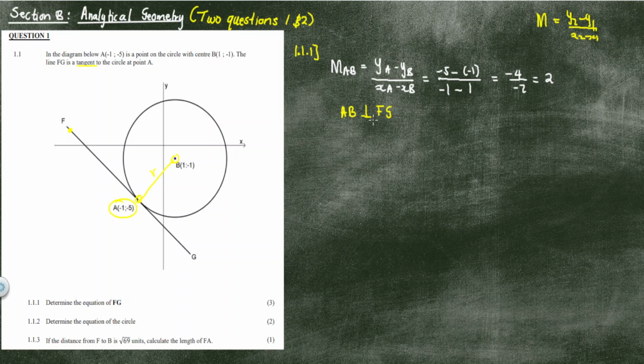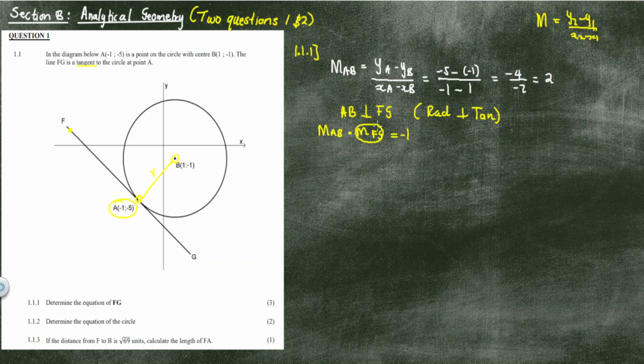So since AB is perpendicular to FG, because a radius is perpendicular to a tangent all the time, we will use the property of these perpendicular lines. When we multiply the gradients of perpendicular lines, we get minus 1. So the gradient of AB multiplied by the gradient of FG gives minus 1.